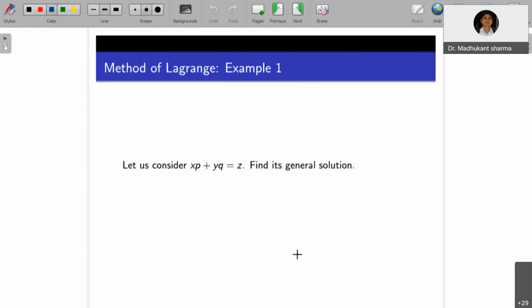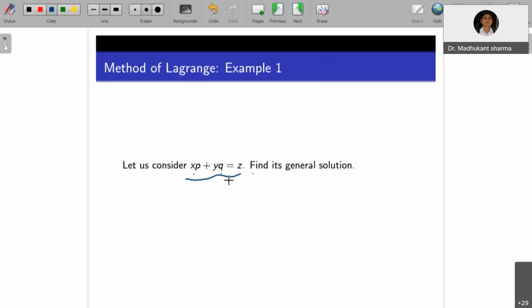So you have this equation xp plus yq equals z. This is a linear PDE, and of course a linear PDE is automatically quasi-linear, but a quasi-linear PDE may or may not be linear.